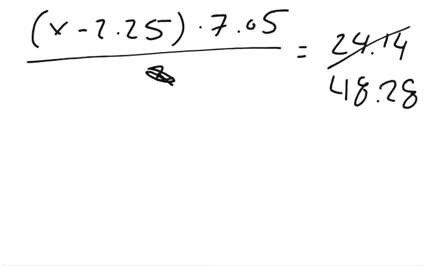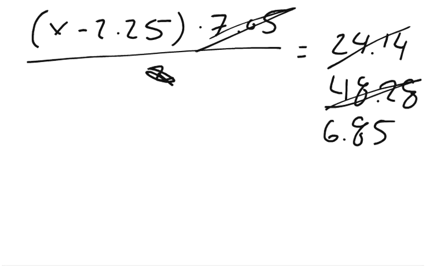Then I can divide both sides by 7.05, which would cancel it out, and that makes the left side 6.85. So x minus the final velocity is 6.85 meters per second.